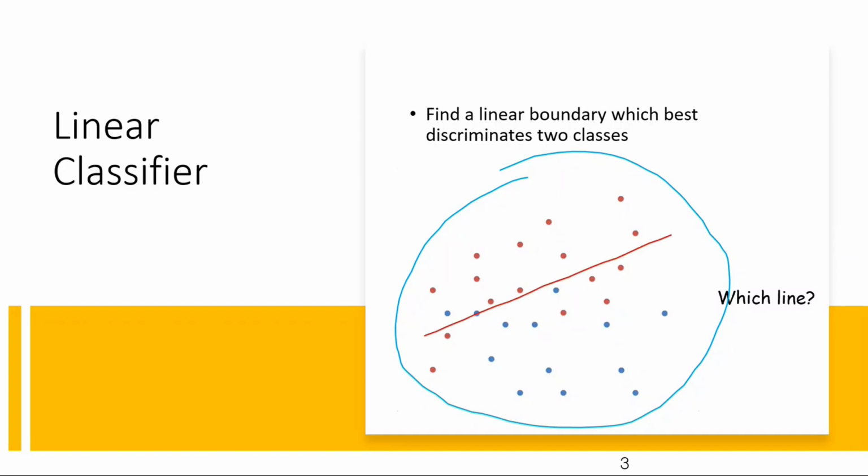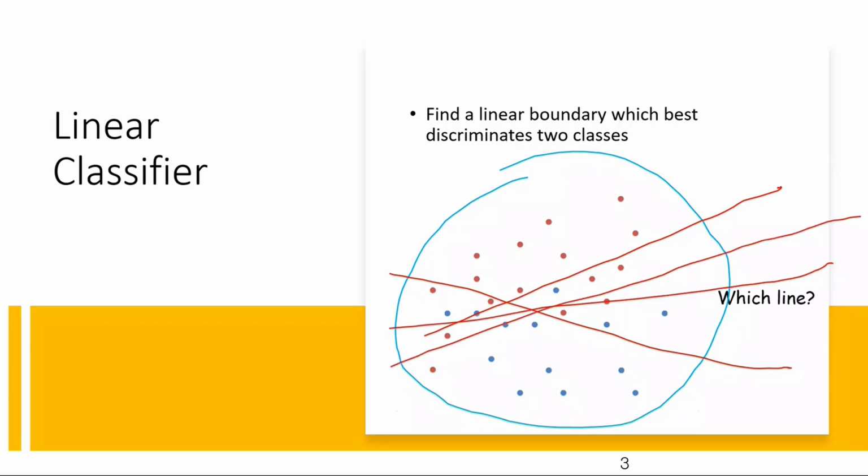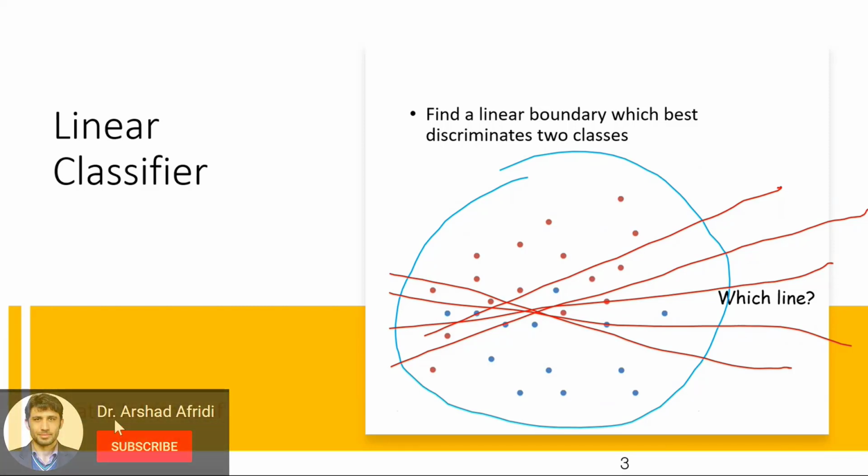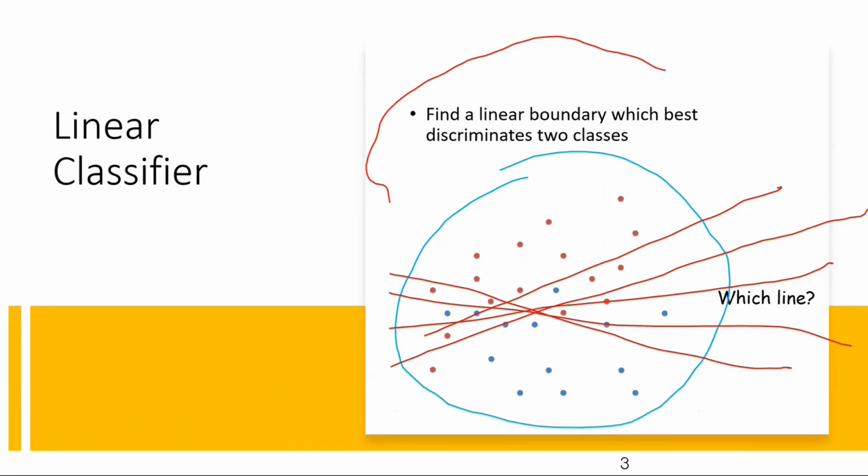The line might be this one, might be this one, might be this one. There are thousands of possibilities, and you don't know which would give you the result with more accuracy. So the aim is to find a linear boundary which best discriminates two classes. That is the aim of a linear classifier.